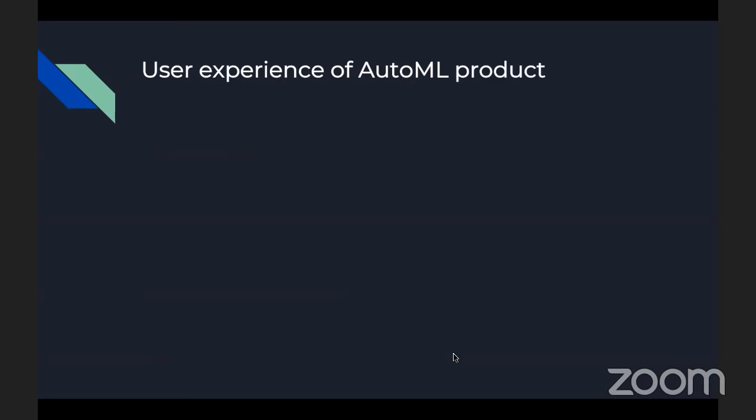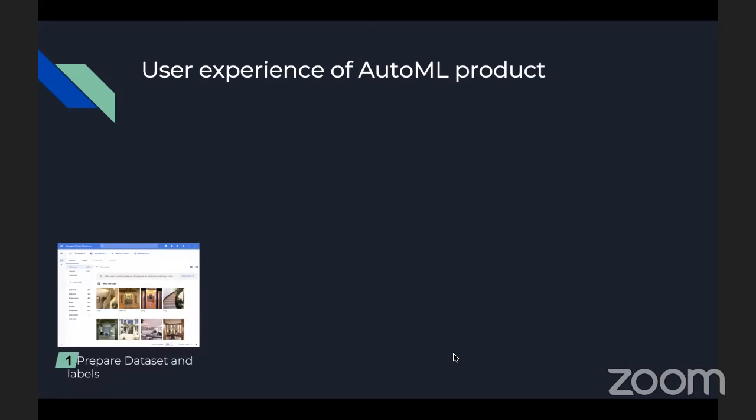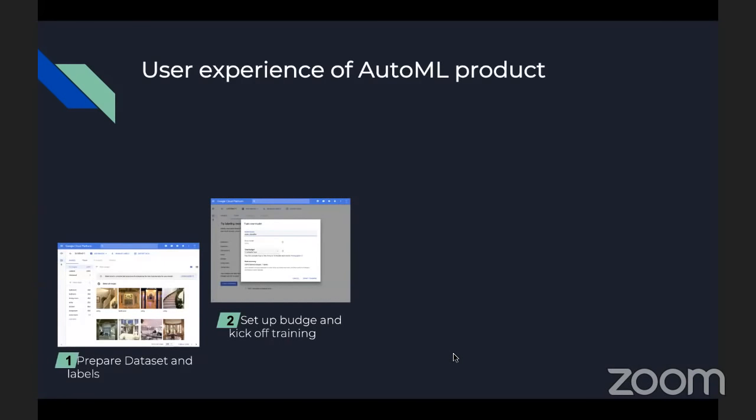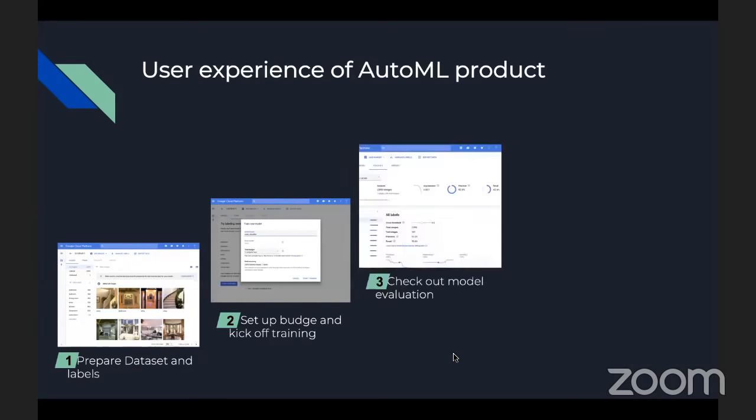So the user experience of the AutoML product should be like this. Firstly, you prepare your data set and labels. And then you set up your budget to say how much money I want to pay for this training. And then click the button. Then the whole pipeline automatically kicks off. And you can use the monitor window to monitor all the progress and the metrics of this training.